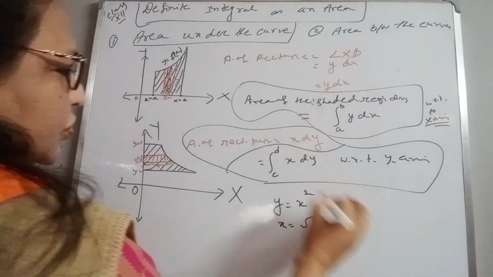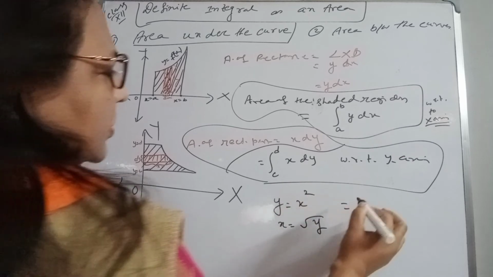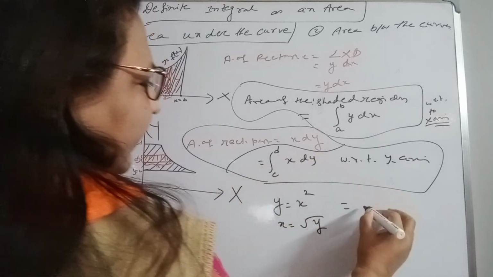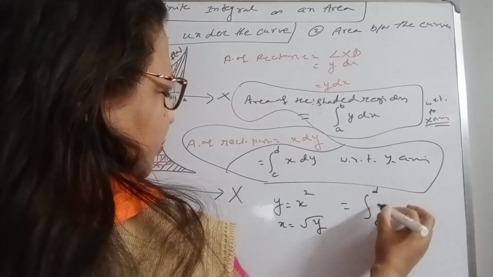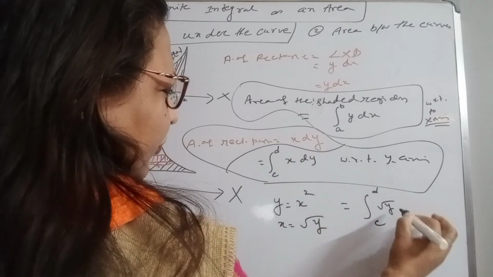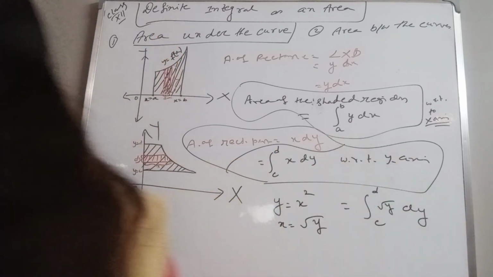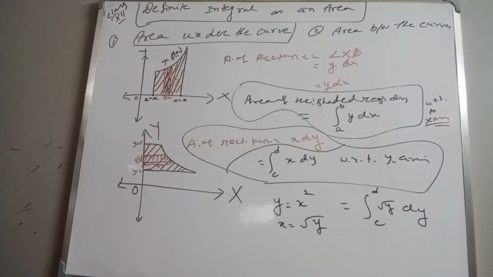If we want to find the area with respect to the y-axis, we write the limits c to d, and instead of x we have to represent it in terms of root y, because dy is there. Then we can integrate easily.